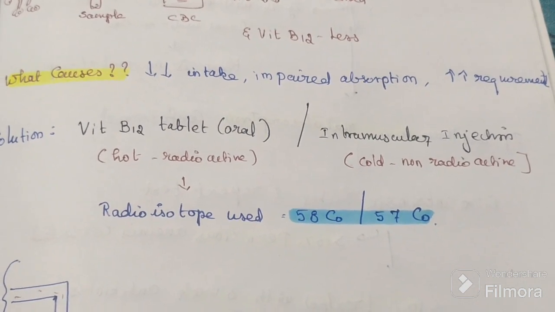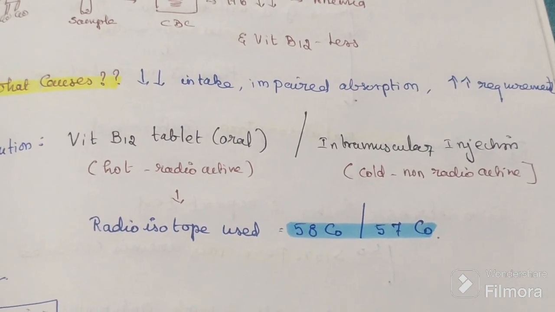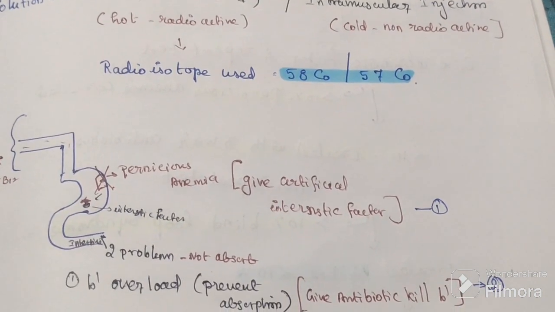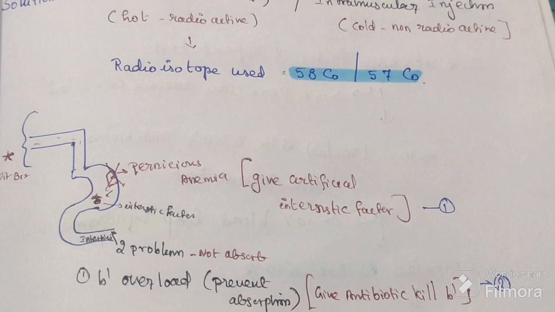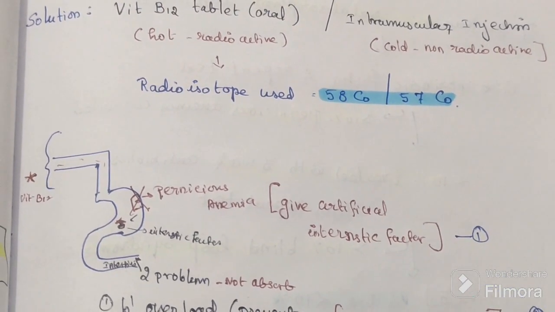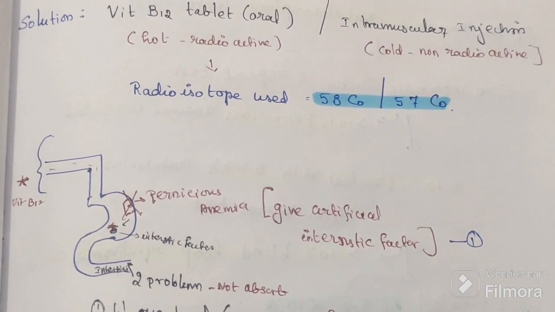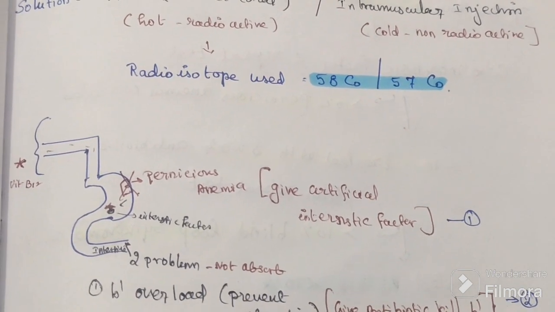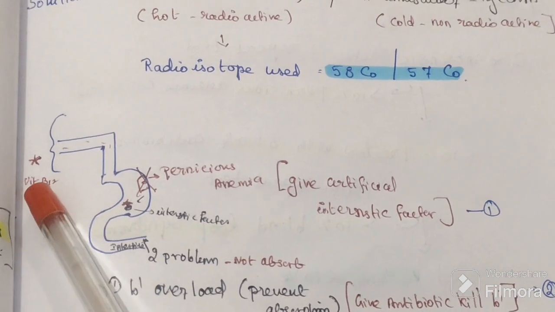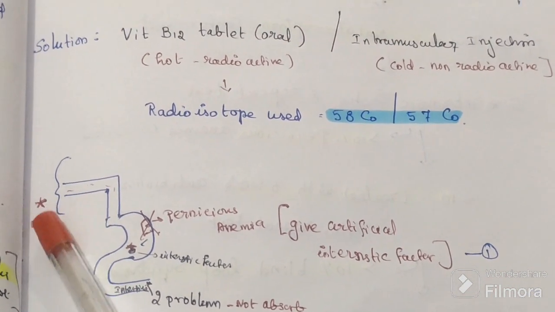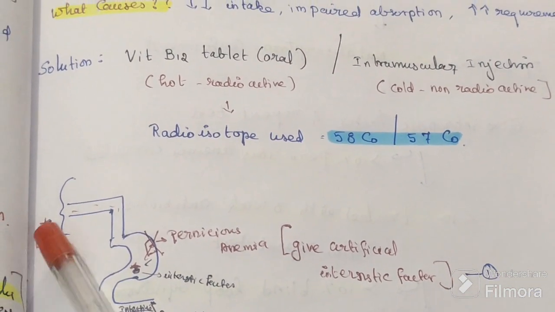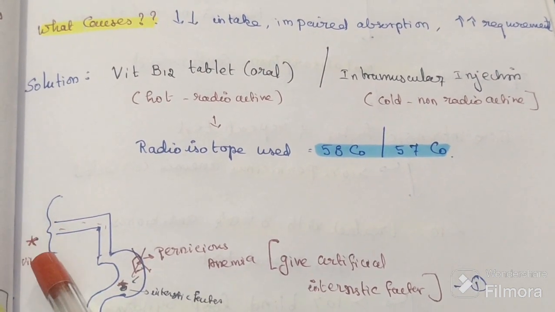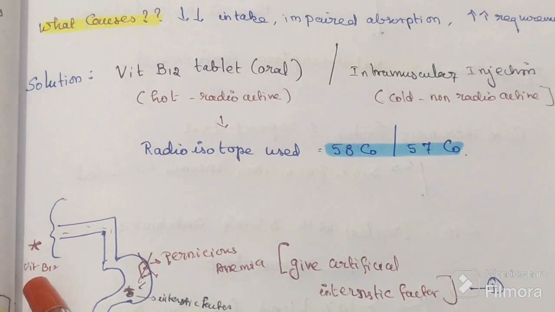First saturate the store with the injection, then only give the tablet. The oral tablet will reach the esophagus, then the stomach, and after that it will reach the intestine. Decreased intake, that is, if we didn't take vitamin B12 food, will cause deficiency, otherwise we will take enough vitamin B12 food.